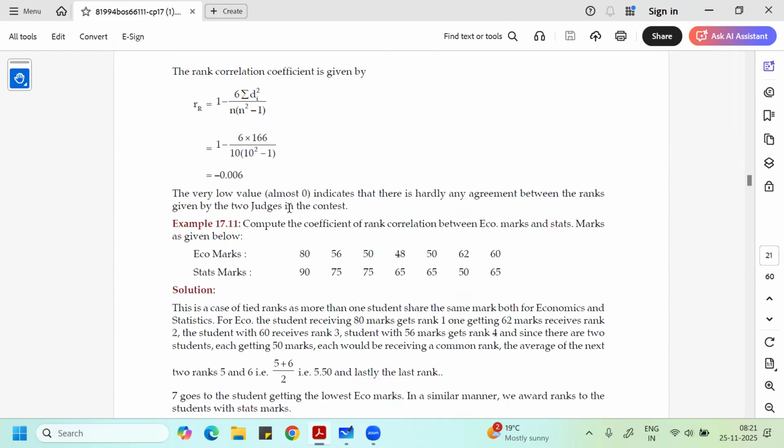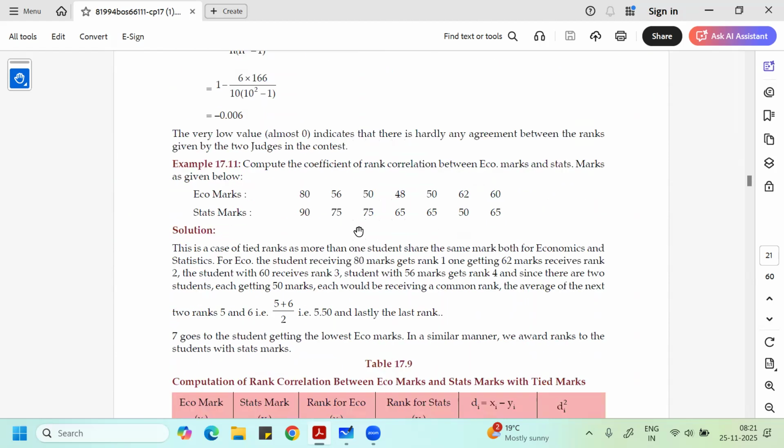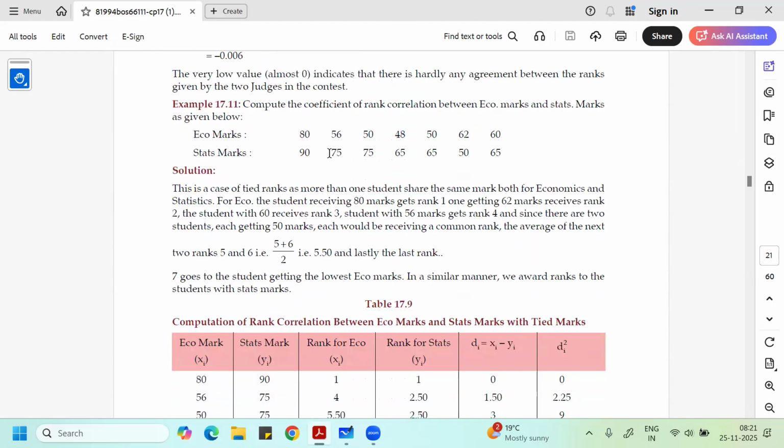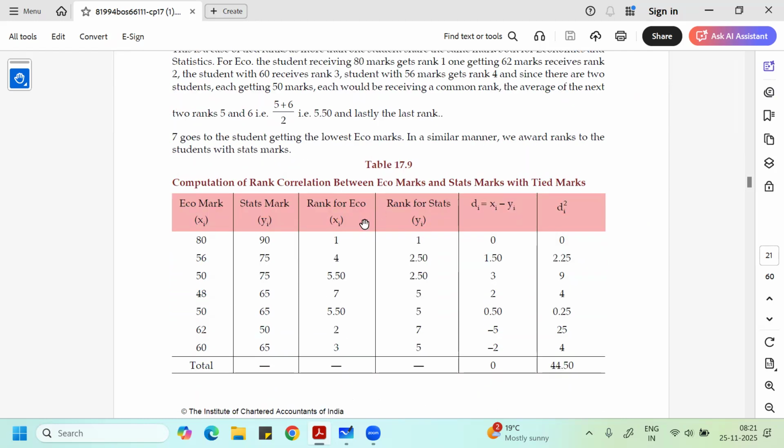Fine. So when there's a tie of rank, as I told you, like here, you can see there's a tie of 75, 75, 65, 65. 65 has appeared three times. So you have to see where the tie is happening. 80 is rank 1, then 62 is rank 2, 60 is rank 3, 60 is rank 3, then 56 is rank 4, and there's a tie between 5th rank and 6th rank.